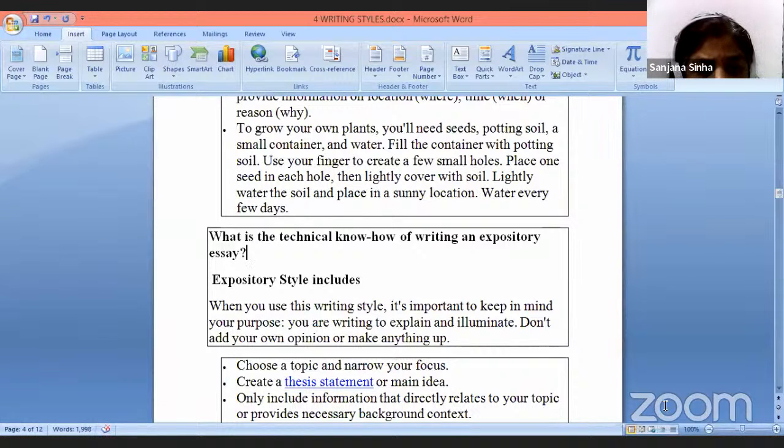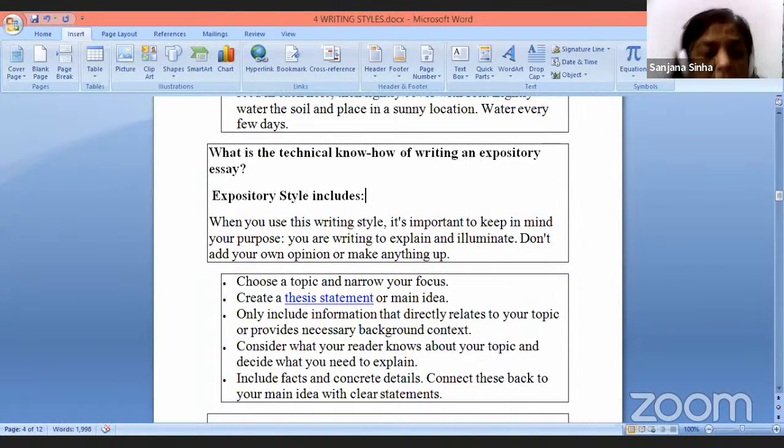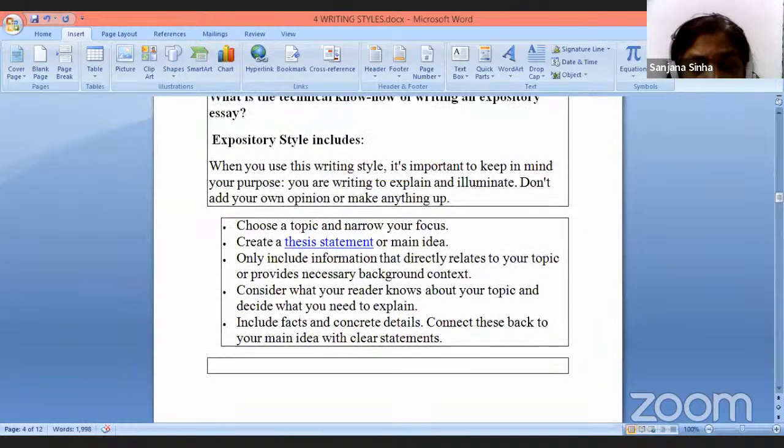Expository writing styles include... Complete this answer and then I'll wrap it off today. So when you use this style of writing, it's important to keep in mind your purpose: you're writing to explain and illuminate.